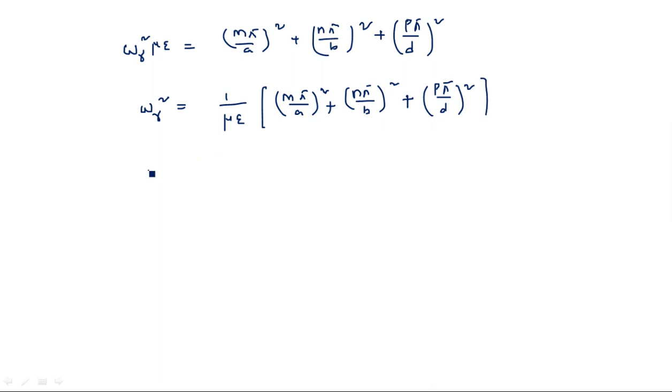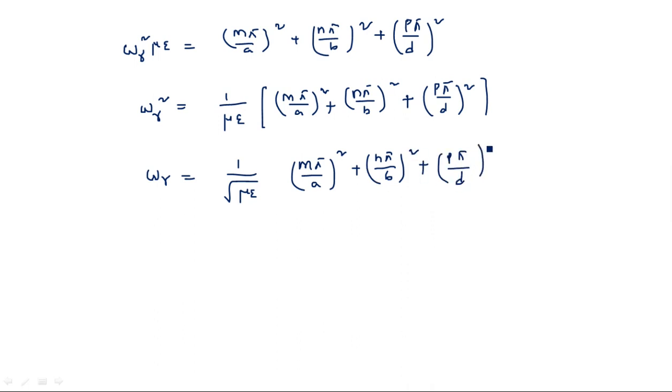Now omega r is equal to 1 by root mu epsilon into m pi by a whole square plus n pi by b whole square plus p pi by d whole square under root.